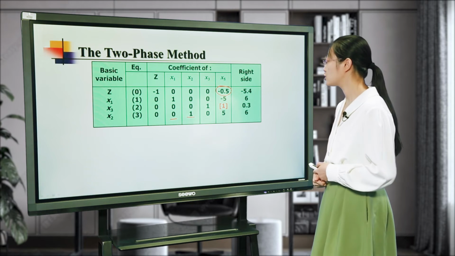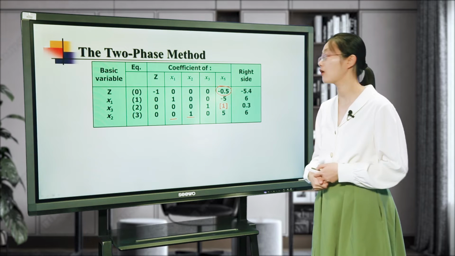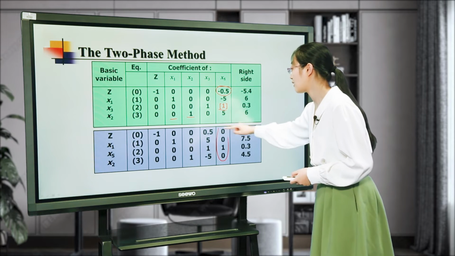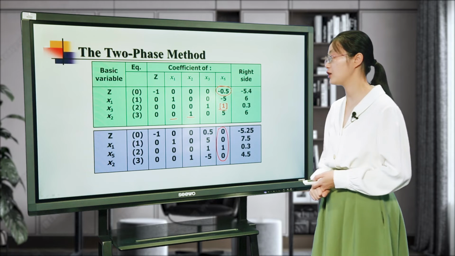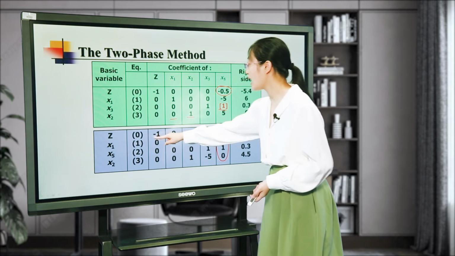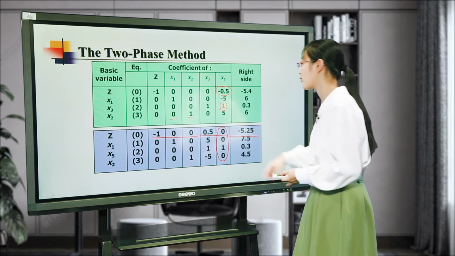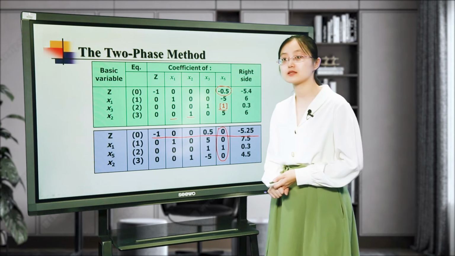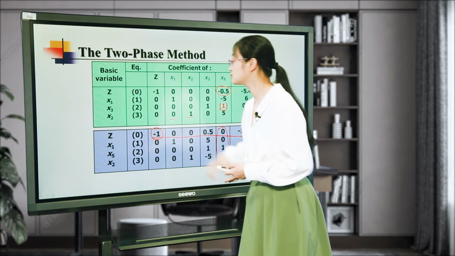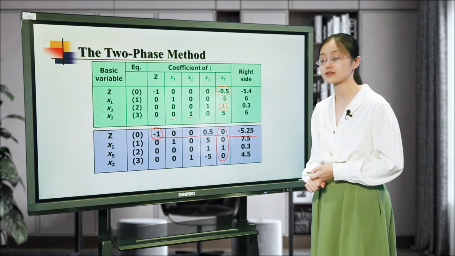And then we choose this column to be our pivot column and then do the minimum ratio test and then make that column unit by Gaussian elimination. And then after this iteration, we say, well, now our table is in the proper form with all the coefficients in equation 0 non-negative except the coefficient of our objective function z.